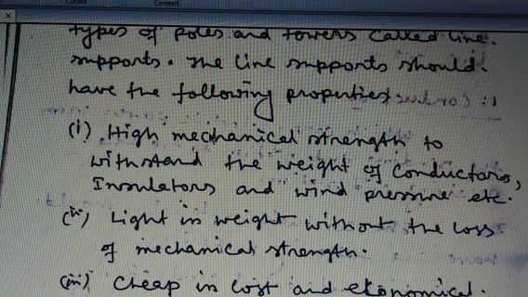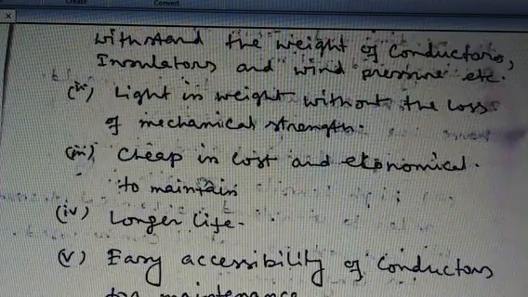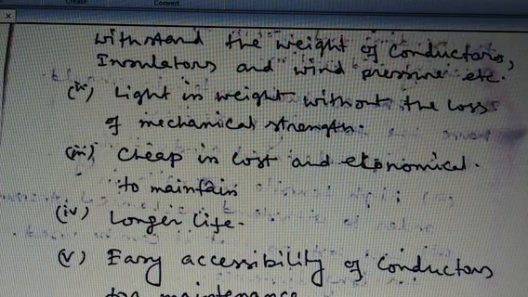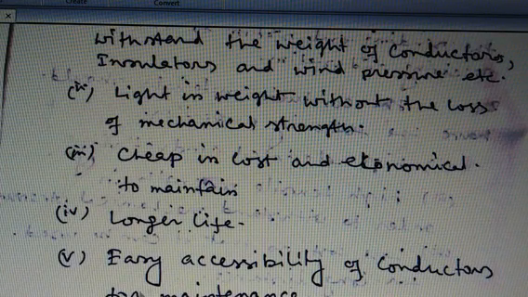No compromise is there for the mechanical strength of the line support. Next, cheap in cost and economical to maintain. Next, long life. And last, easy accessibility of the conductor for maintenance. These are the properties for the line support.